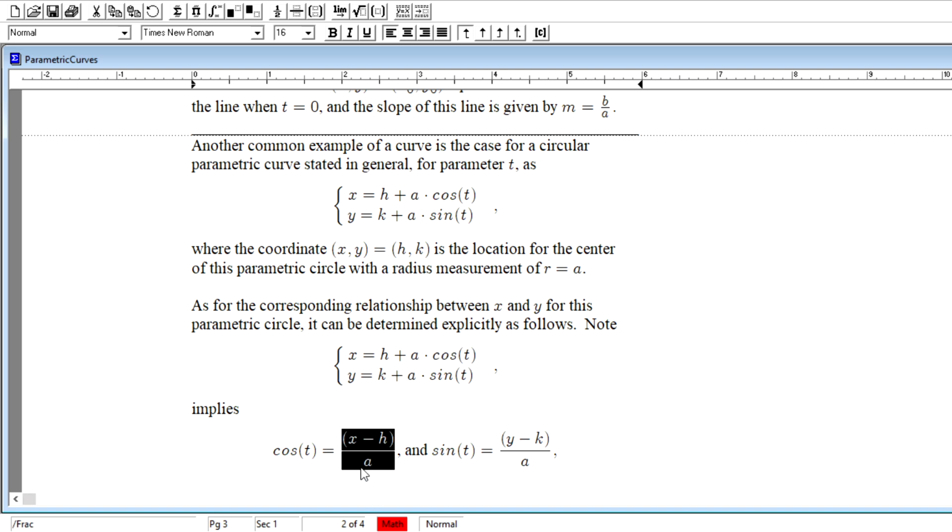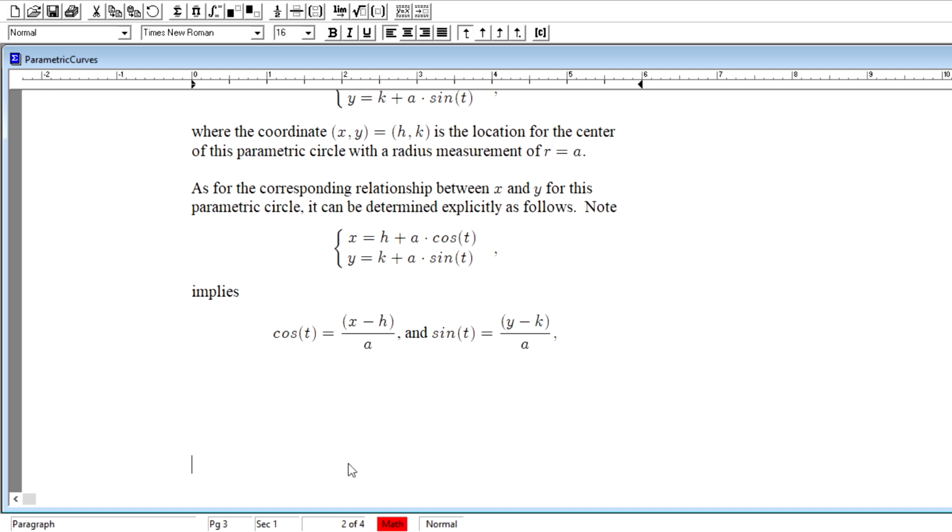We would have x minus h divided by a equal to the cosine of t. And if we were to solve for the sine of t, we would subtract k and divide by a. We would have y minus k divided by a equal to the sine of t.